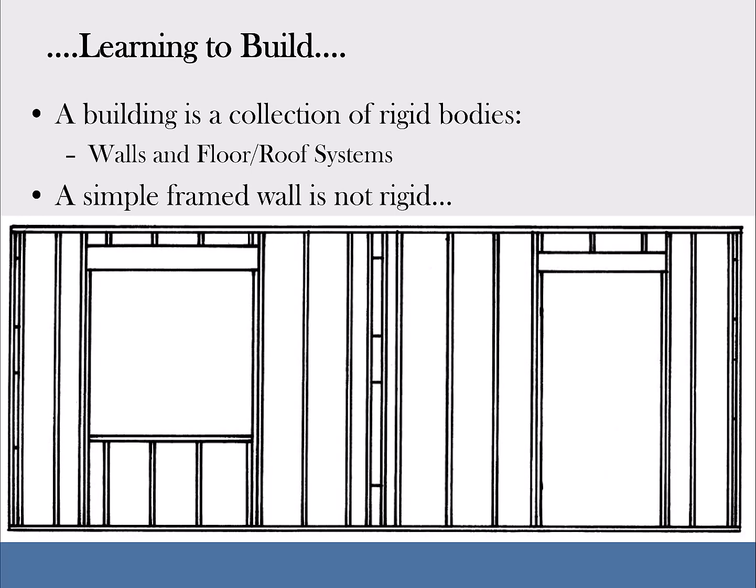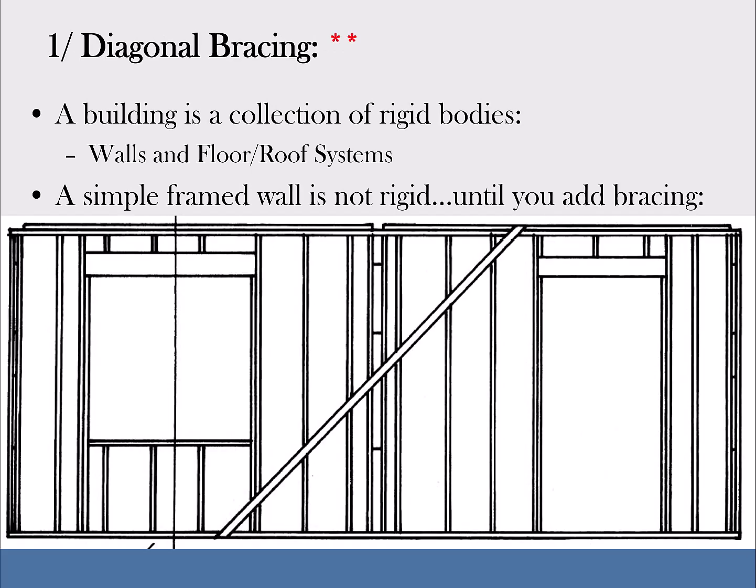When you first shoot nails from the top into the bottom plate and into the top plate into the studs, that's not really holding this thing together well. It'll hold together well enough to stand up and move and place somewhere, but it is pretty floppy and pretty fragile. Once you put a diagonal brace in that, you can make that a rigid frame so that it can't go side to side. It can't just flop over and fall apart.